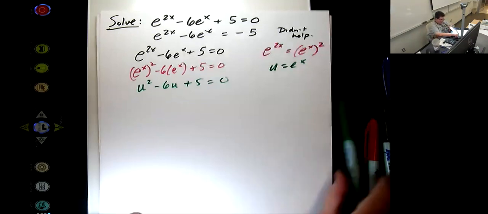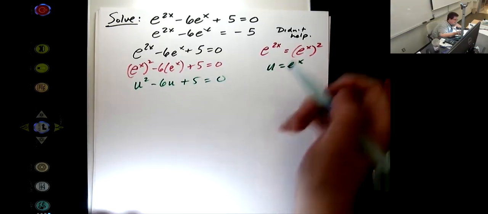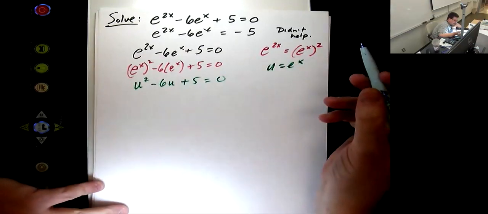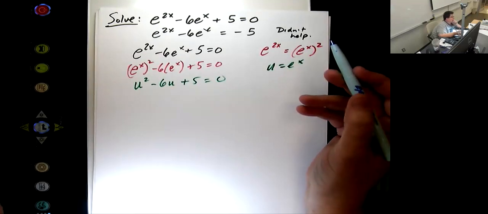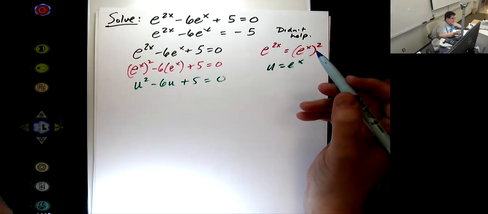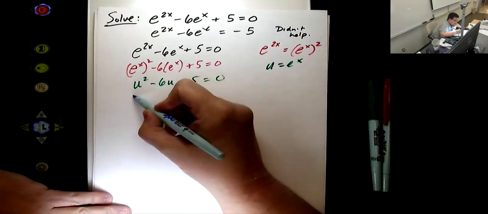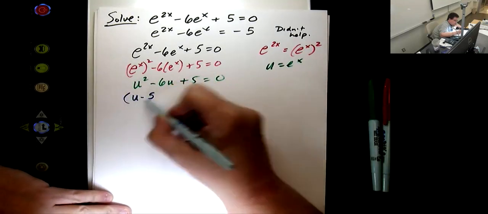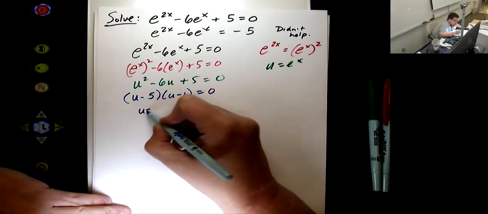What can I do here? We could do the quadratic or we could factor. I think factoring is easier, but if you jump to the quadratic, you should end up getting the same things: u equals 1 or u equals 5.